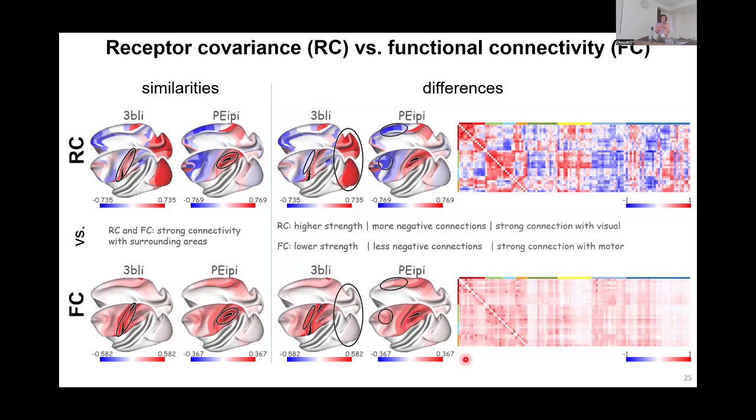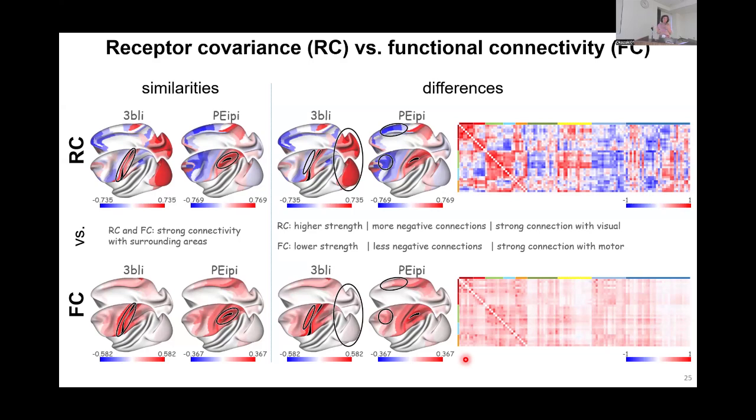And with the receptor covariance, we can also reveal a strong connection with visual areas in general terms, much more so than with functional connectivity, whereas functional connectivity reveals a stronger connection with motor areas.